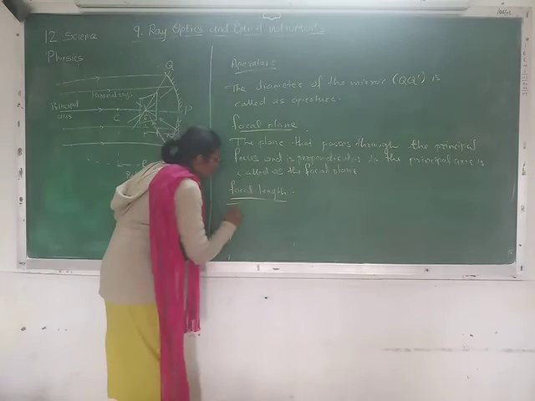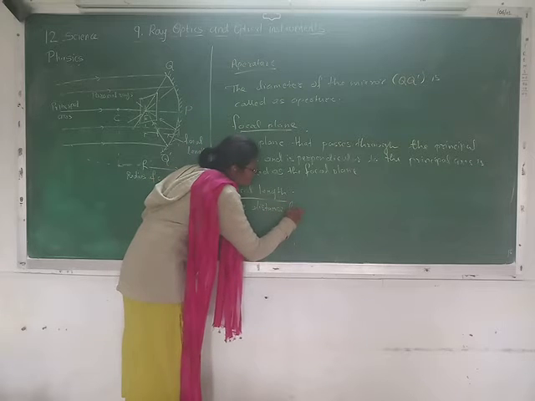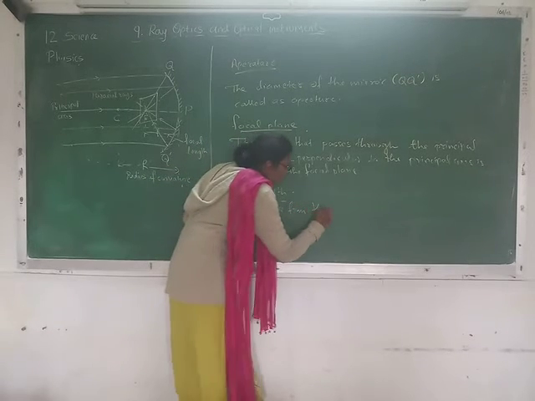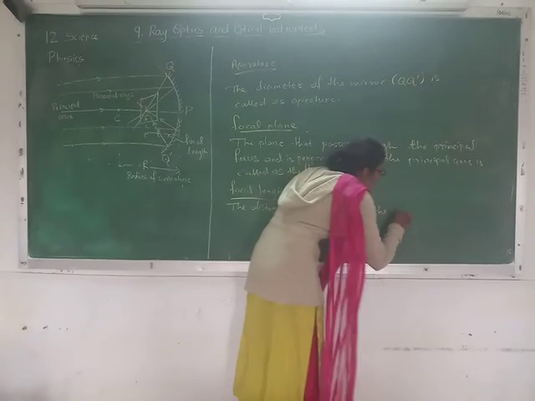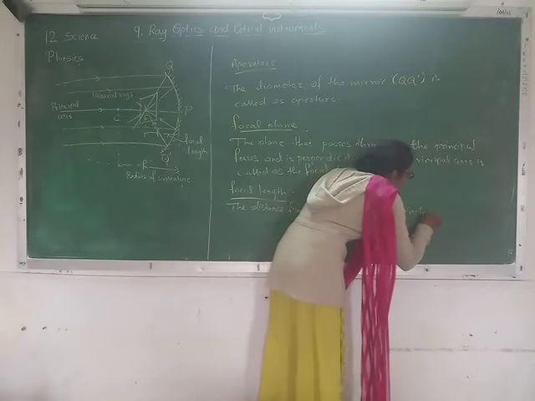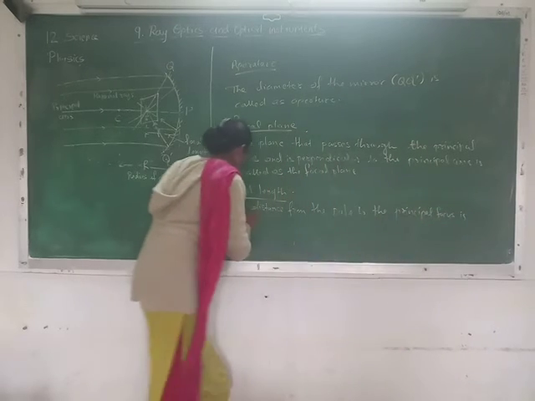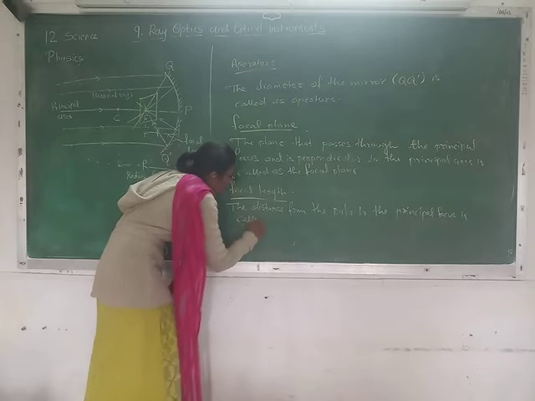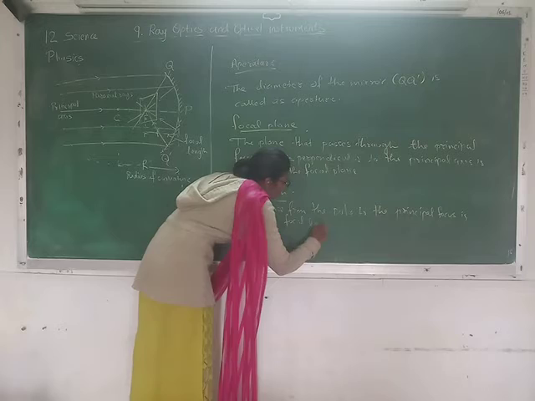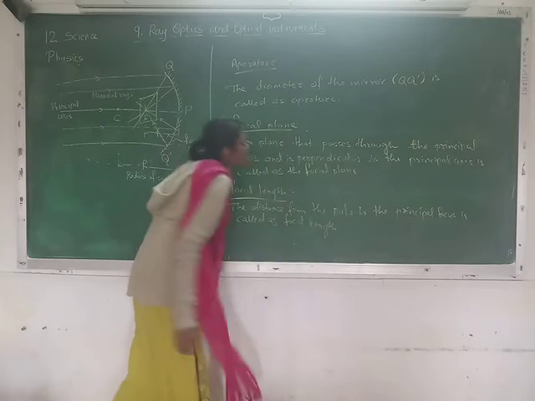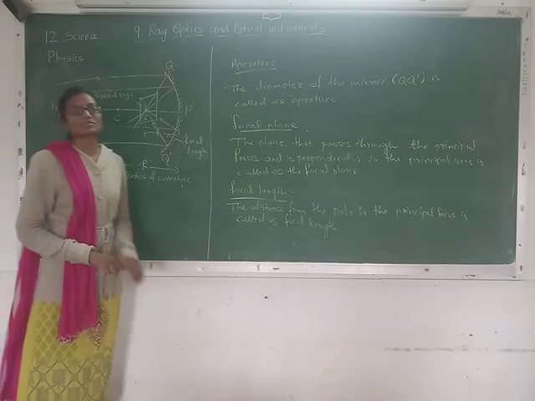So you can write: the distance from the pole to the principal focus is called the focal length. So you may note down these different terms.